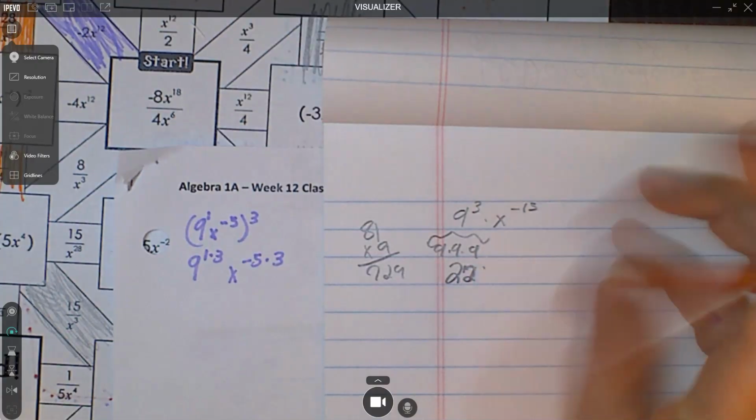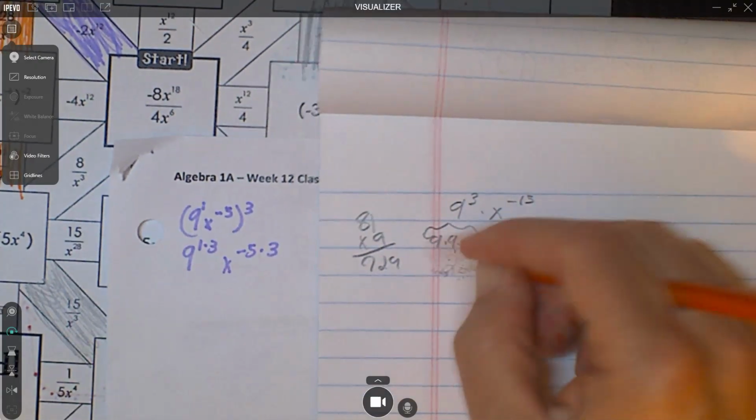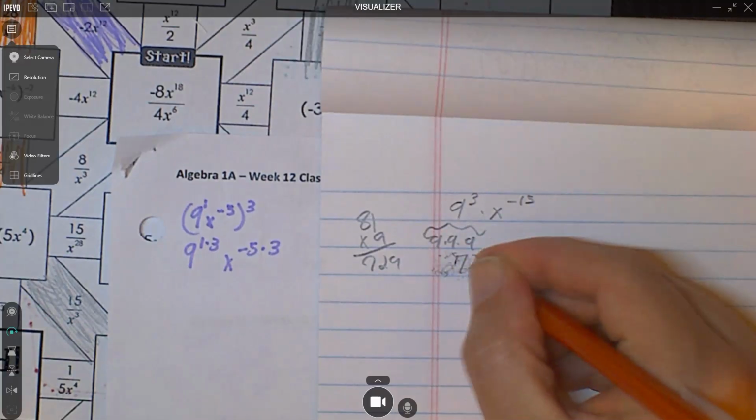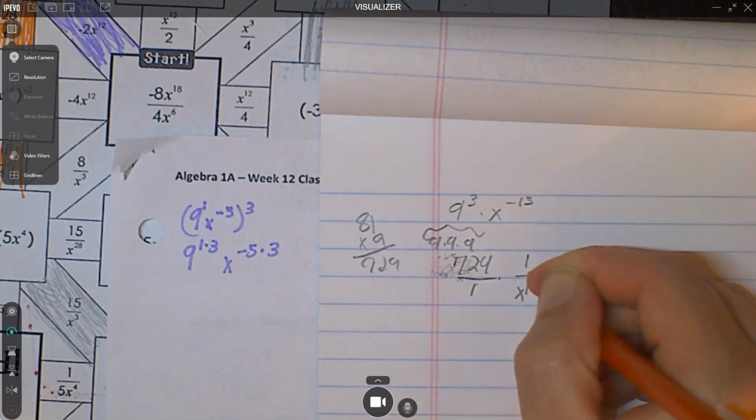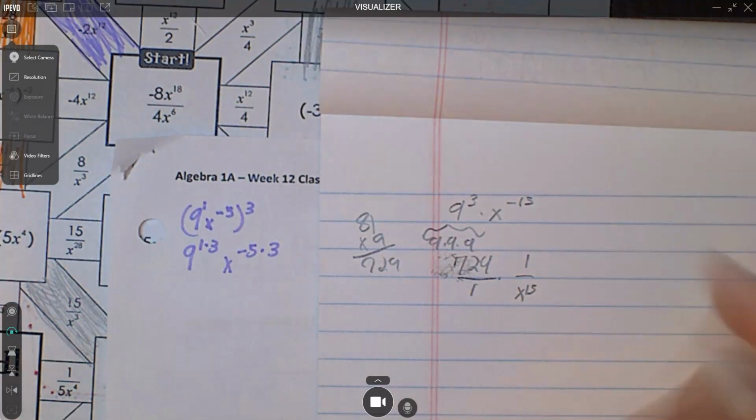This is basically 729 over 1 times 1 over x to the 15th.